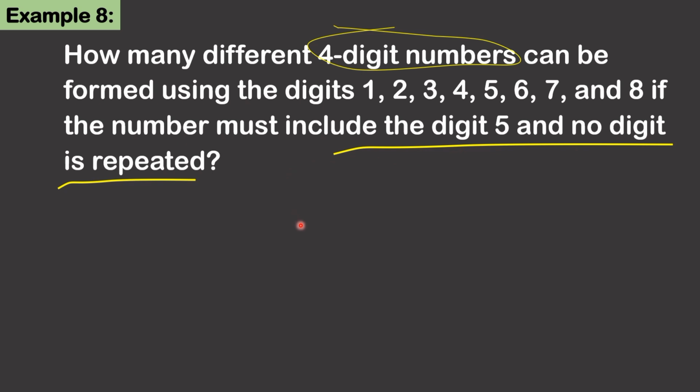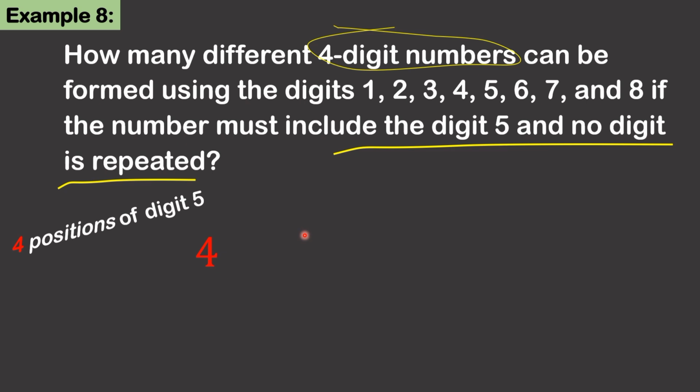Since the digit 5 is included, we fix it in one of the 4 positions. It could be the first position, the second, the third, or the fourth. So there are 4 choices for the position of the digit 5.